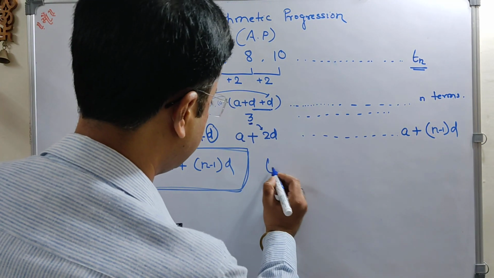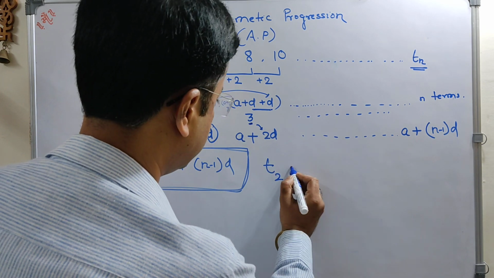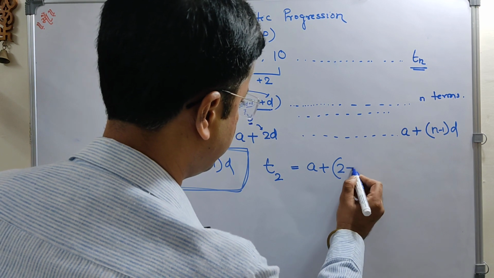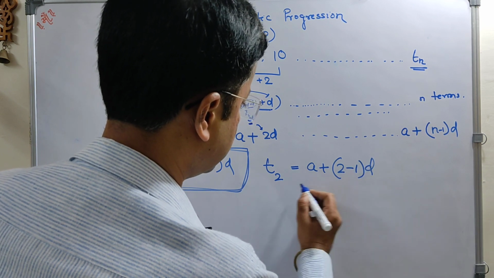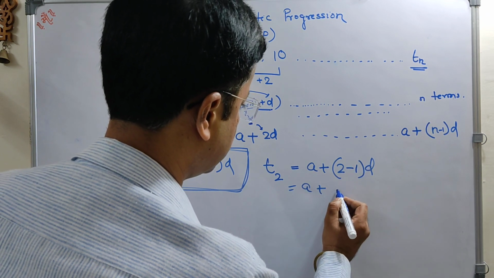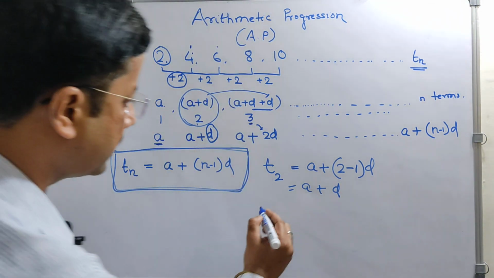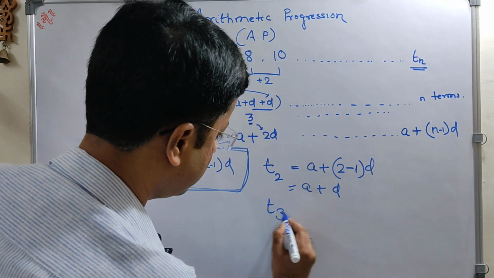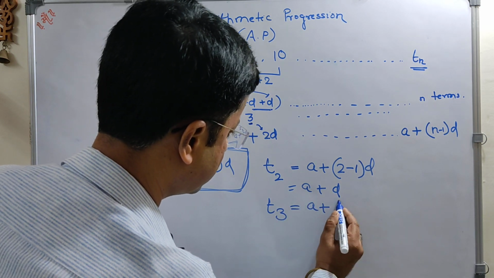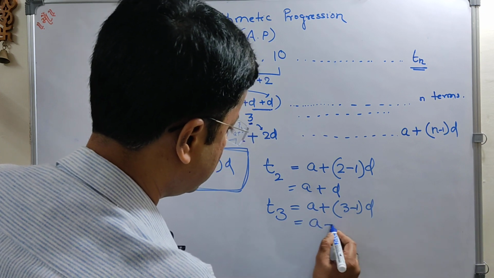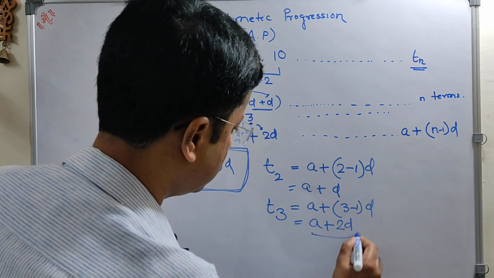We can check. Suppose we need to find the second term, then a plus (2 minus 1) d equals a plus d. This is the second term. Suppose we are finding the third term, then a plus (3 minus 1) d equals a plus 2d.